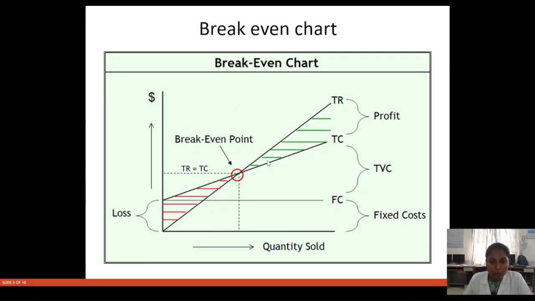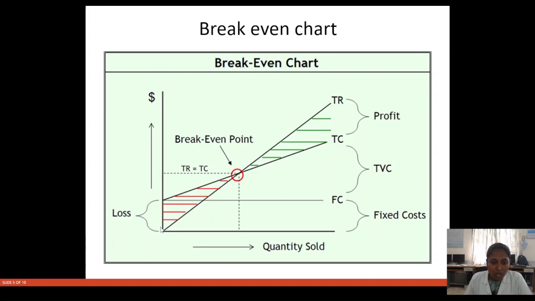And this is one example for a single product break-even chart. We are going to draw a chart taking the quantity sold on the x-axis and the price along the y-axis. Here, the total cost is a straight line starting from here to here, and the total revenue is again a straight line.